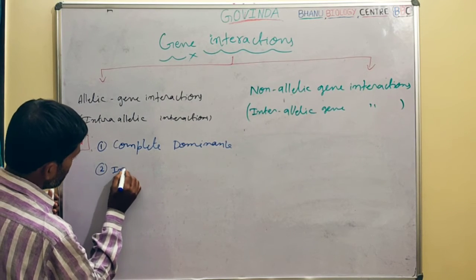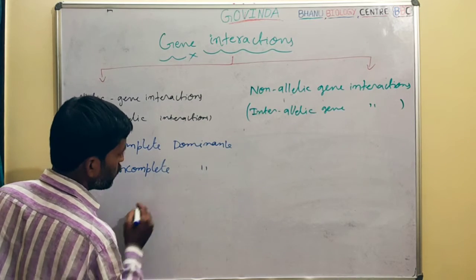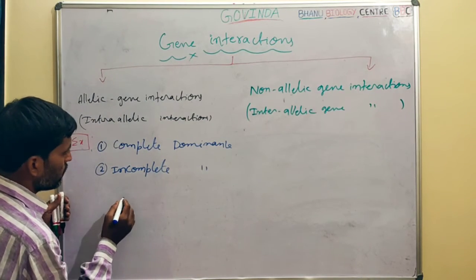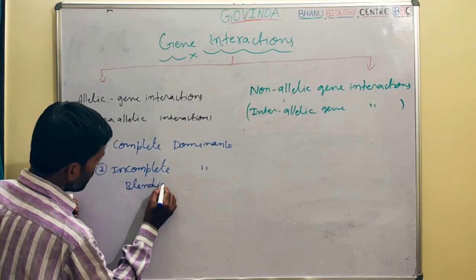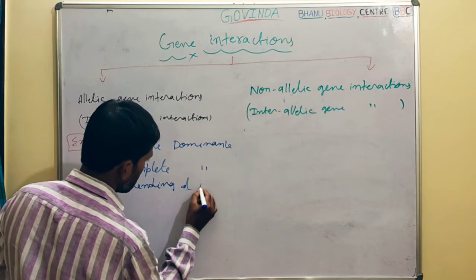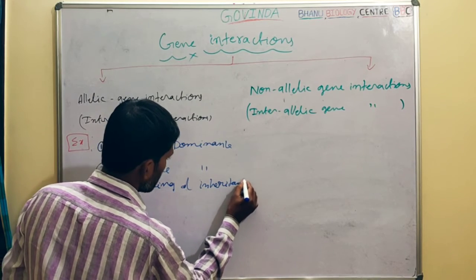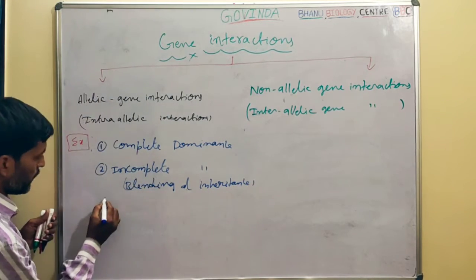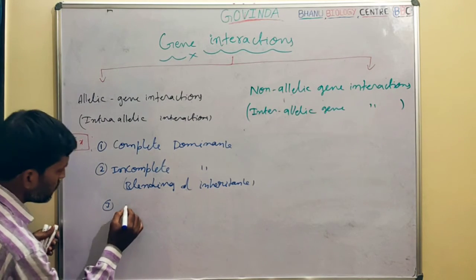Second is incomplete dominance, or blending inheritance, another name for incomplete dominance.